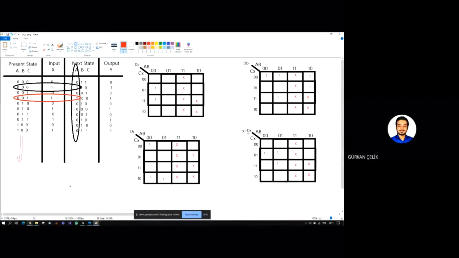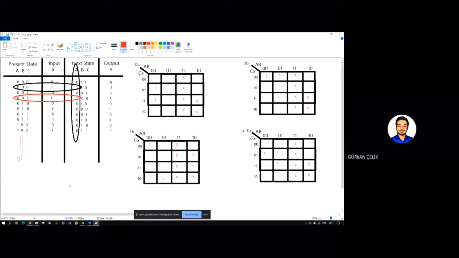Okay, guys. Here we have dA equals X something. Let me explain why it's X something. Here we have ones and X's. Either we can use the X's or not. It does not change anything.